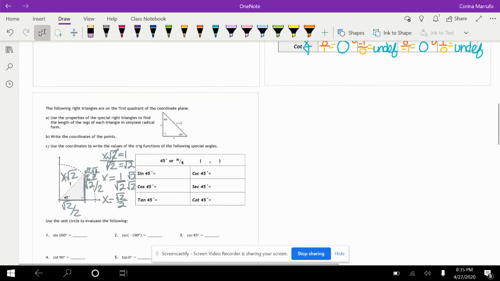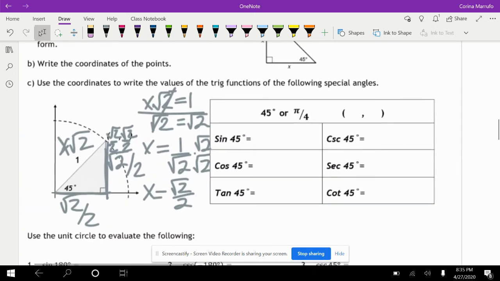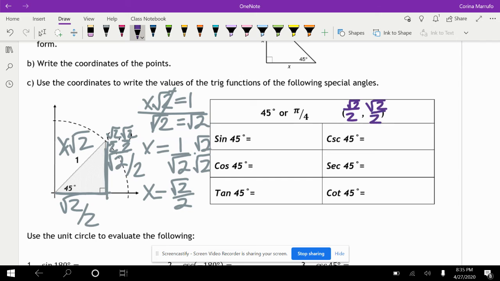So let's go ahead and finish covering these. Here we have what we already figured out, that our coordinate is the square root of 2 over 2, square root of 2 over 2 at 45 degrees. So then sine, remember sine is your y value, and cosine is your x value.